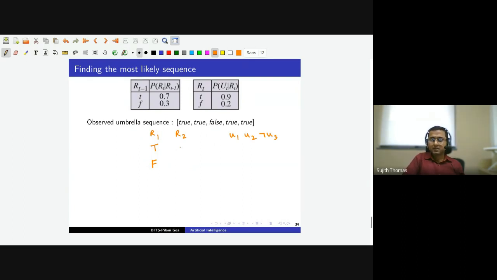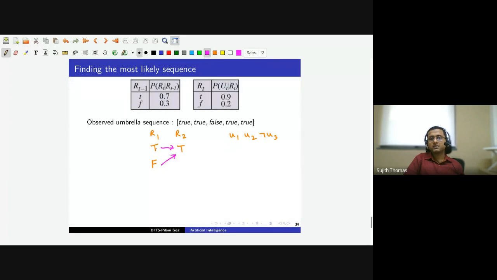The best sequence that ends with R2 equal to true will be constructed either from the best sequence that ends with R1 equal to true, or the best sequence that ends with R1 equal to false.